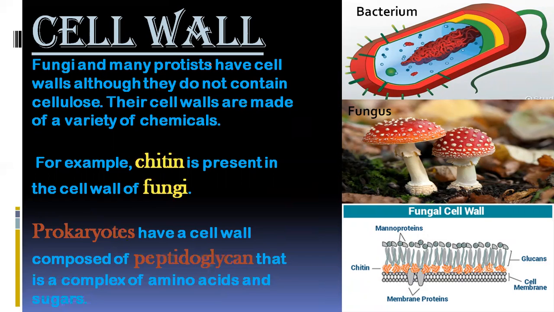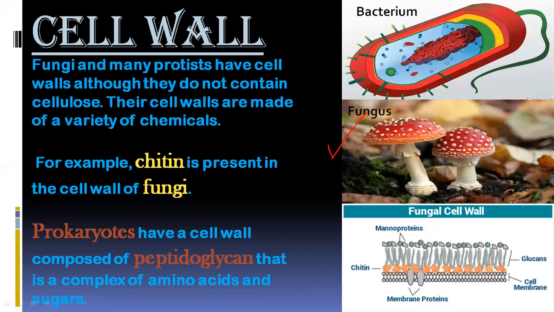So the cell wall in a plant cell is made up of cellulose and lignin, but other organisms also have a cell wall. For example, take fungi. Fungi is plural, fungus is singular. Do you know what this is? Yes, this is very familiar to you, I think. This is a mushroom.